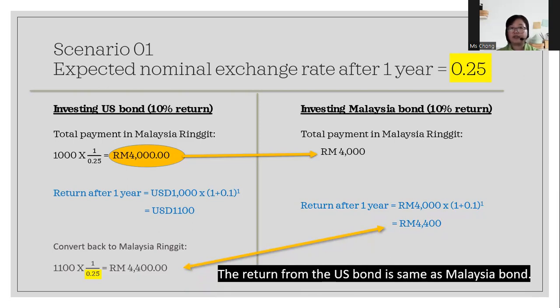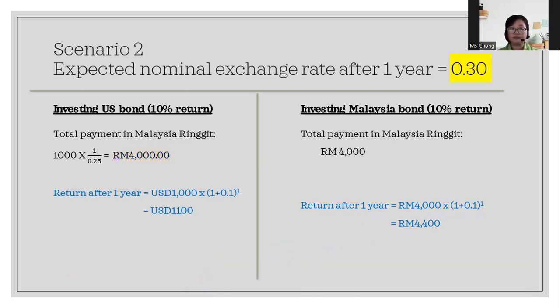Let's go through scenario number 2. In this scenario, I expect that the nominal exchange rate after 1 year is 0.3. All other factors are the same. When I purchase the US bond, the nominal exchange rate is 0.25, so I pay 4,000 Malaysia ringgit for that 1,000 USD bond. After 1 year, I get 1,100 in total.